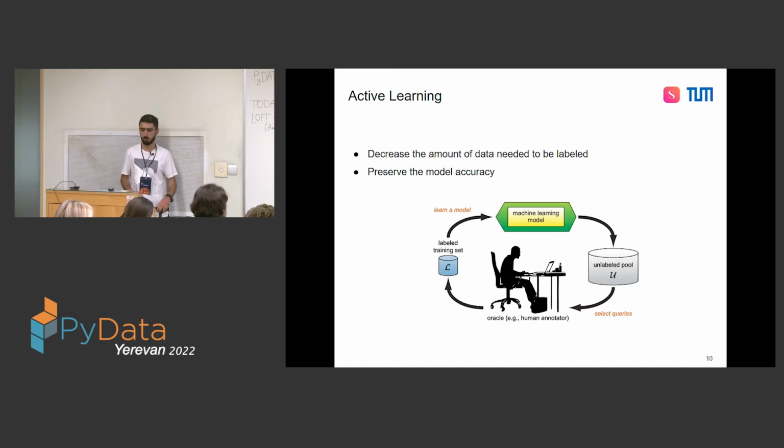Then we use all these labeled points as a training set and train a machine learning model on it. Later, we can use this model to process all the unlabeled points and get a score of information for each point in the unlabeled pool, and then see what are the most informative points here.